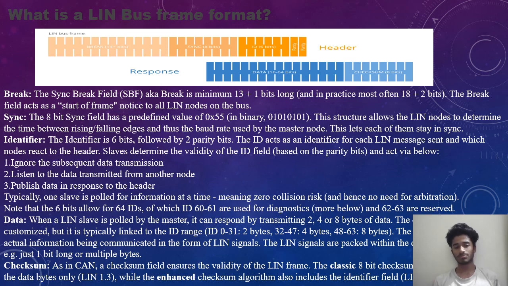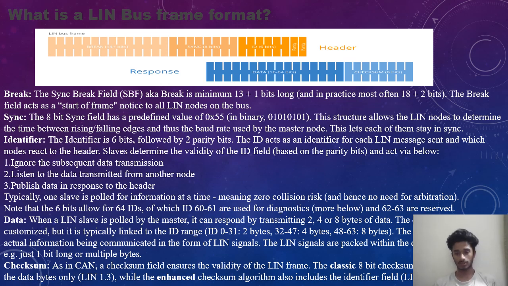Typically, one slave is polled for information at a time, meaning zero collision risk. Note that the 6 bits allow for 64 IDs, of which IDs 60 to 61 are used for diagnostics and 62 to 63 are reserved. When a LIN slave is polled by the master, it can respond by transmitting 2, 4, or 8 bytes of data. The data is customized, but it is typically linked to the ID range.